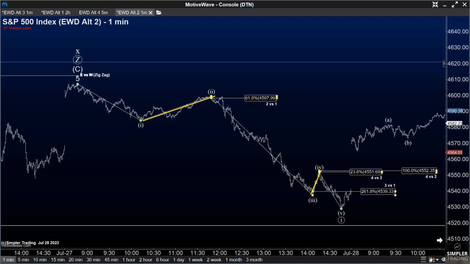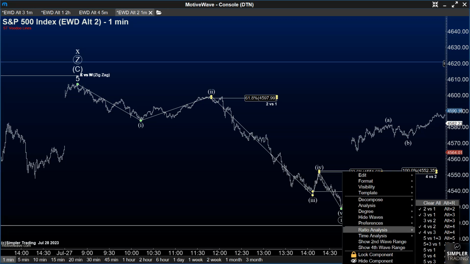And then we also have a few different ways that we can look at wave 5. One way is simply to look at it relative to the preceding wave 4, right? That's where we want to look for a move down that goes sometimes 127.2%, sometimes 161.8% of the preceding wave 4.